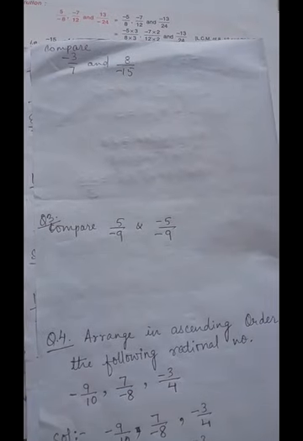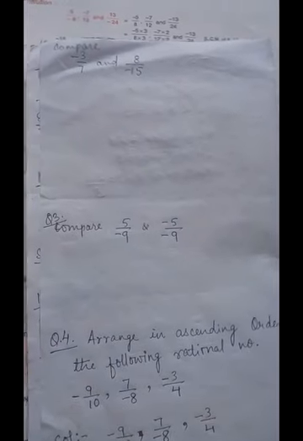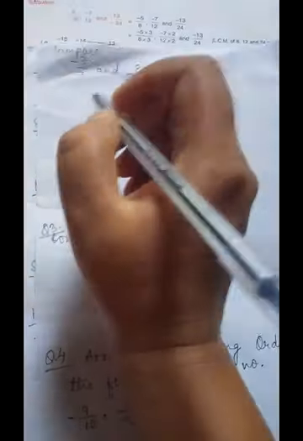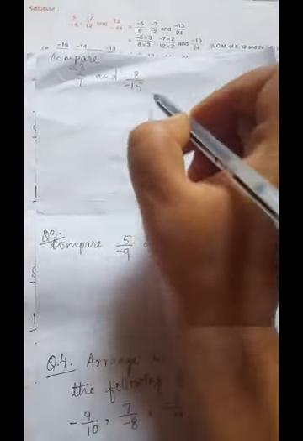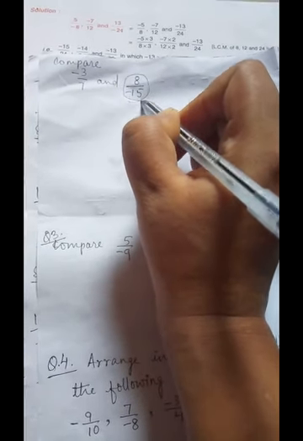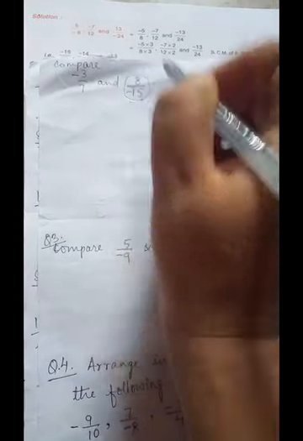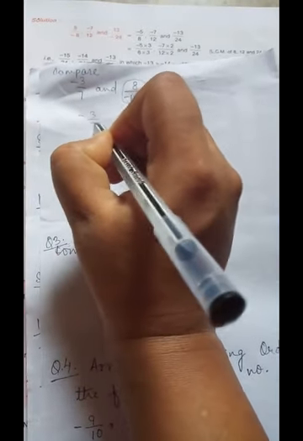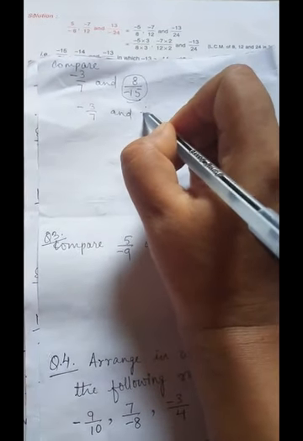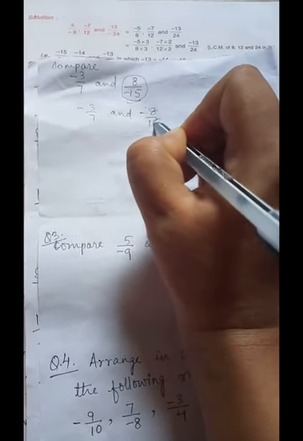Next question, let's take up minus 3 by 7 and 8 by minus 15. So children, you see, before starting this type of question, you have to make this rational number into standard form. So minus 3 by 7 and this will be your minus 8 by 15.